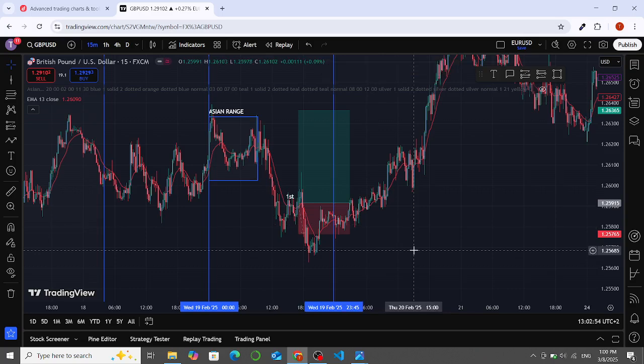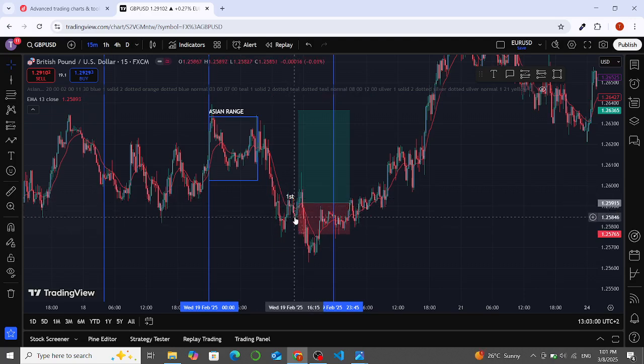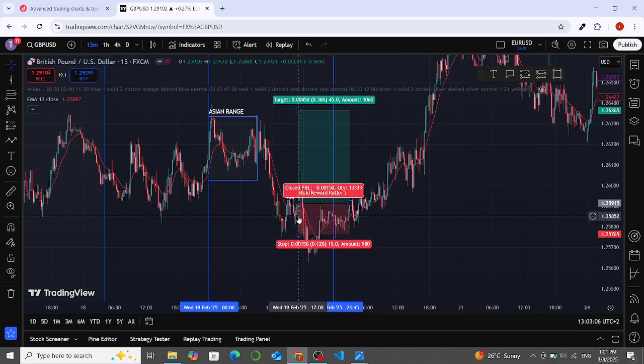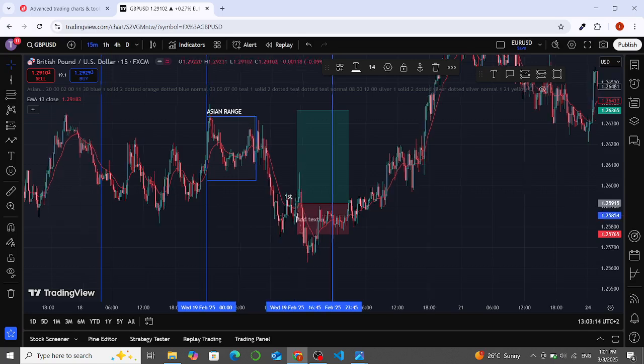And it came back and these closed below. So I need another close above the 13 EMA. So I took this as my second leg, this candle. Let me zoom in.